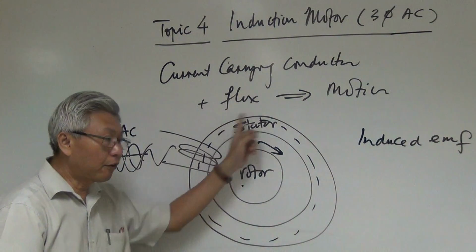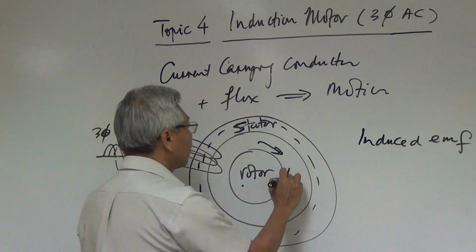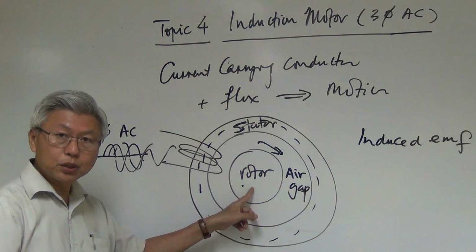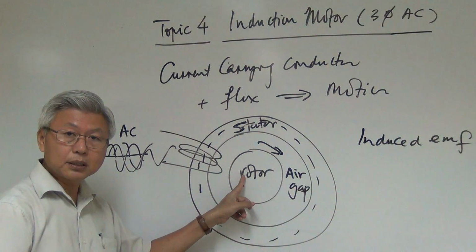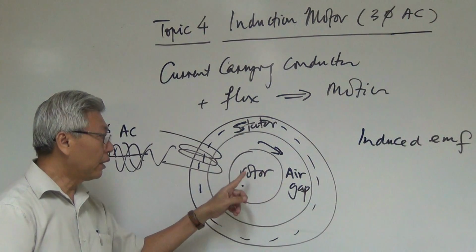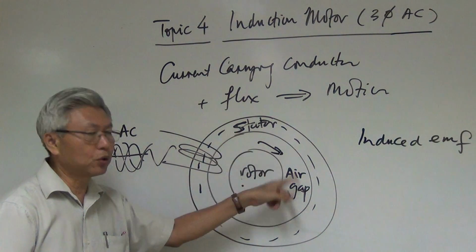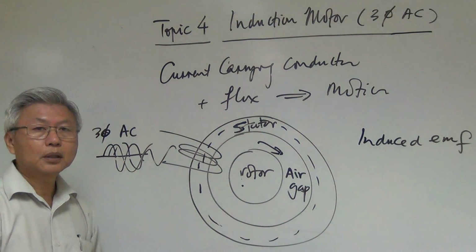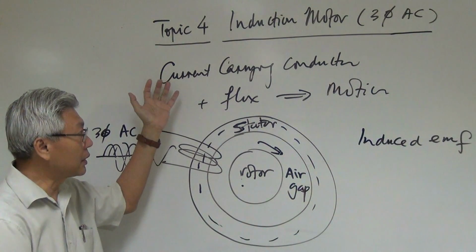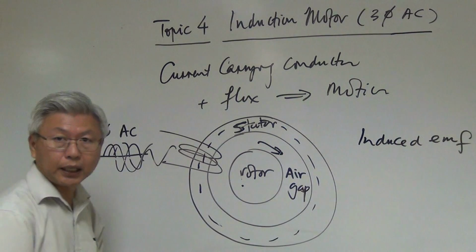And this magnetic flux travels at a speed in the stator, and across the air gap, here's the air gap, right? Cutting the rotor. Rotor is a bundle of conductors, and with that, current is therefore produced in the rotor, right? And therefore, the current carrying conductor in the rotor in turn reacts with the magnetic flux and produces motion. Okay, so the principle throughout EMD is always about this electromagnetism: current, motion, and magnetic flux.